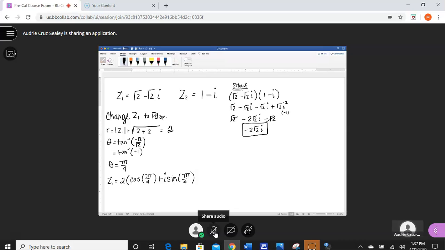So we haven't really done anything yet. All we've done is change Z1 from complex form to polar form. That's all we've done, and we only did one. We have to do Z2 as well. Any questions?